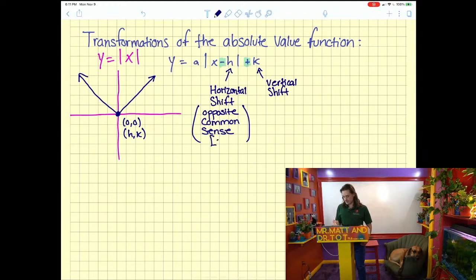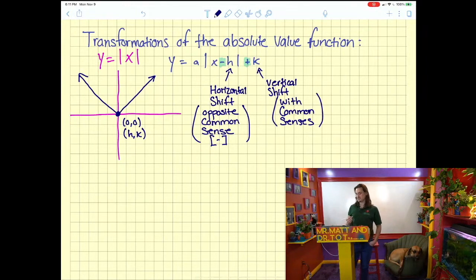And I like to think of the vertical shift as with common sense. I know that might be a strange phrase, but that's just how I remember it. It makes it easier for me to understand, and that's because this has a positive addition sign.